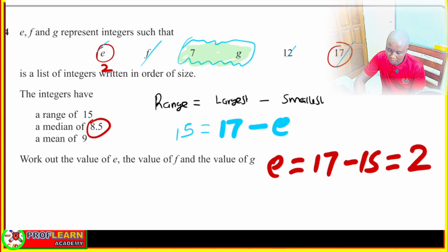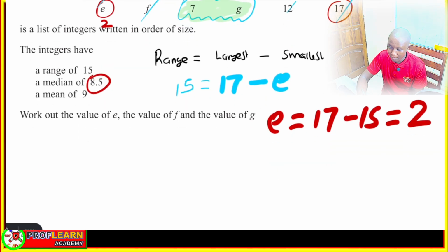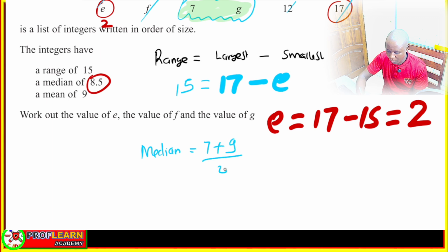So if you're having 2 numbers in the middle, then to find the median, we're going to say median is going to be basically 7 plus G over 2. That's going to be 8.5 is equal to 7 plus G over 2.